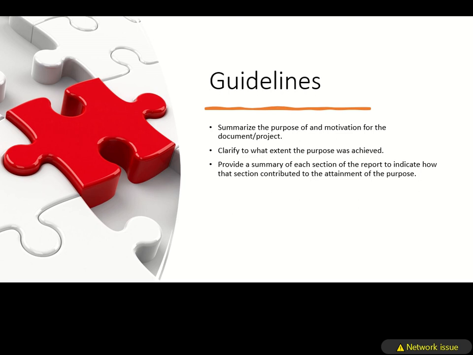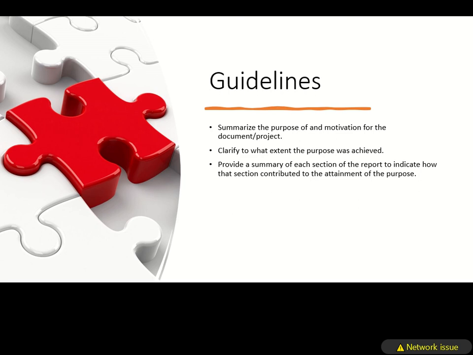Got it? Somewhere in the report you wrote some definitions. Now definitions are important for the reader, but in the conclusions they will not come. You will not put a summary of every definition and the term, and this person did this, that person did this. Got it? Everybody clear? So in the conclusions, we summarize the sections of the report which helped us achieve our purpose.